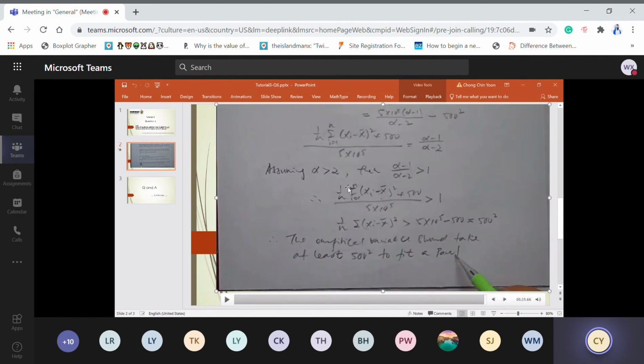If this whole thing is greater than 1, then I can see what the lower bound of this variance is. This is a variance formula. So the lower bound actually is 500 square. That means the minimum is 500 square to fit the Pareto distribution. So questions number 6 and 7 are quite mathematical.